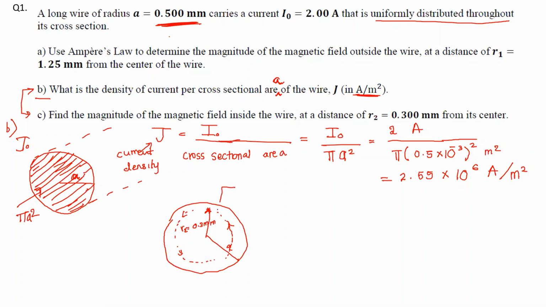Like I told you before, if our B field is a circle, our Amperian loop is also going to be a circle, right? We are going to select the same circle. So this is my Amperian loop. I chose the circle at the location where they are asking us to calculate the B field, at R2 radius.